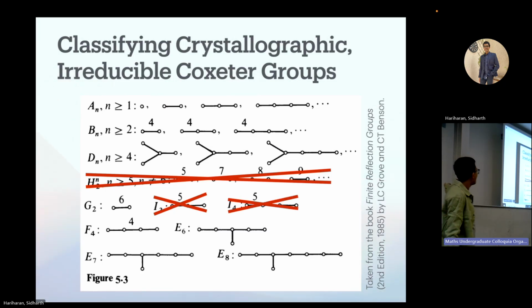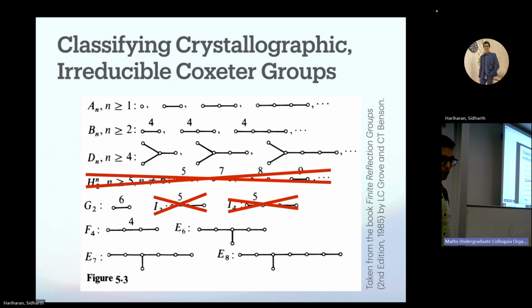And here, we're left with something that should look very familiar, especially to people who've studied Lie algebras. Because this is very closely related to the classification of semi-simple Lie algebras over the complex numbers. Now, there are some people who don't know what a Lie algebra is, and that's fine. Just listen to me waffle for the next minute or two about this. And this is the classification of crystallographic irreducible Coxeter groups.